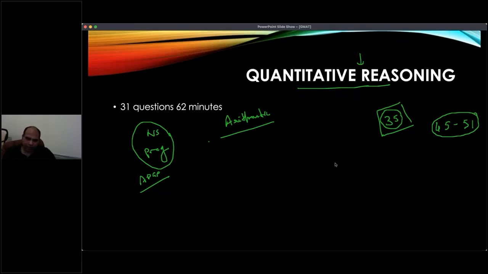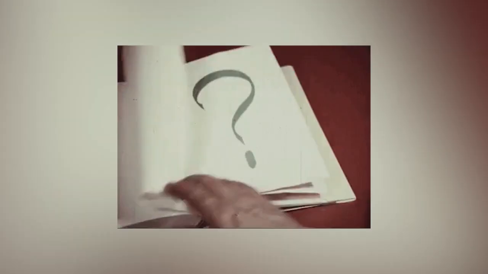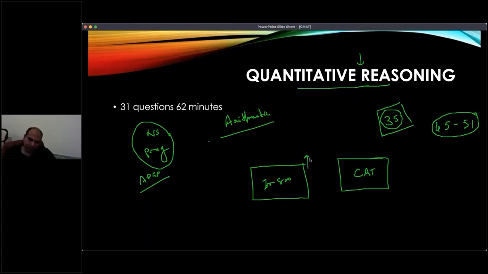And I can show you a question by question comparison of a 700 to 800 question of GMAT and an original CAT question from a CAT paper. And you can see, I can show you hundreds of instances where the difficulty level here is higher than the difficulty level there.